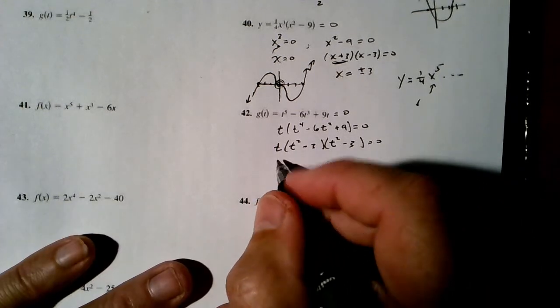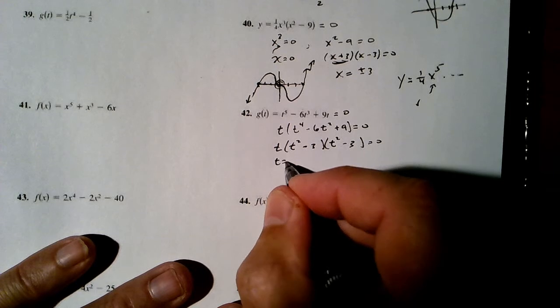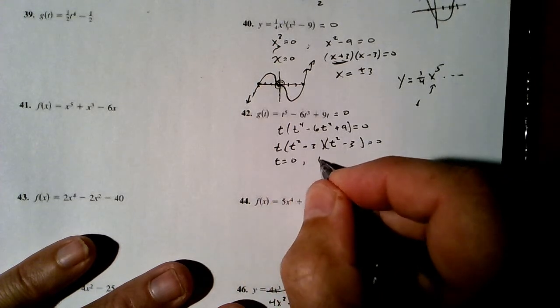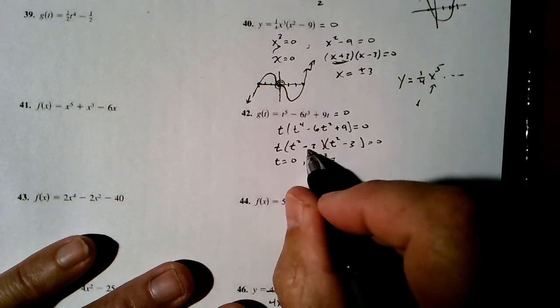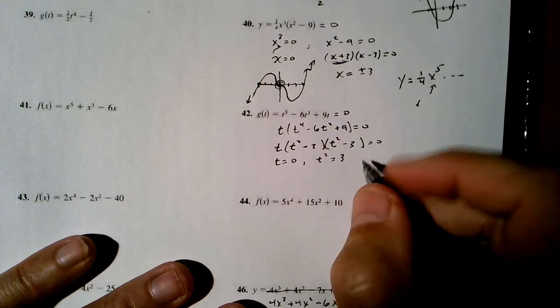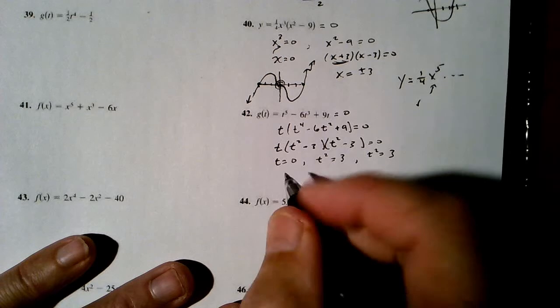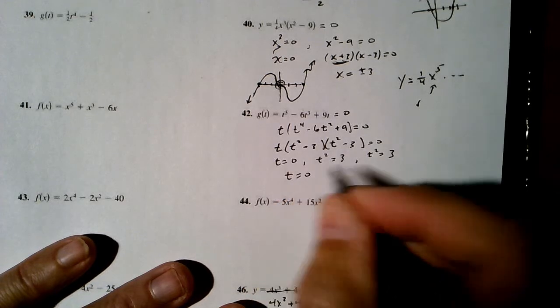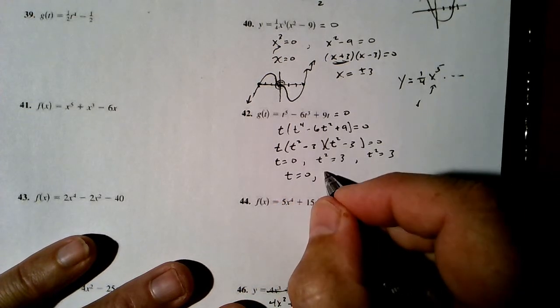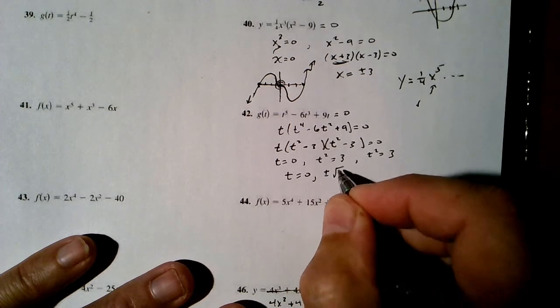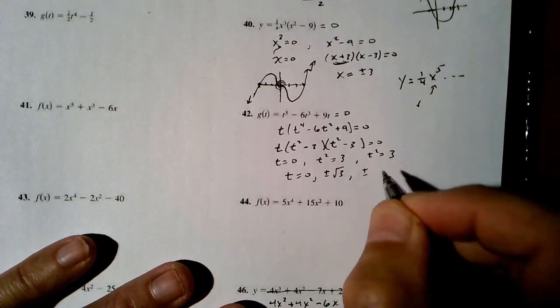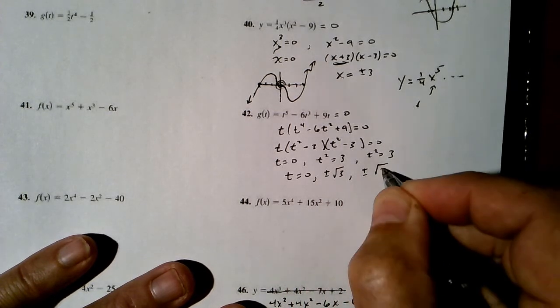So this would be either t equals 0, t squared equals 3, or t squared equals 3. That would be t equals 0, t equals plus or minus the square root of 3.